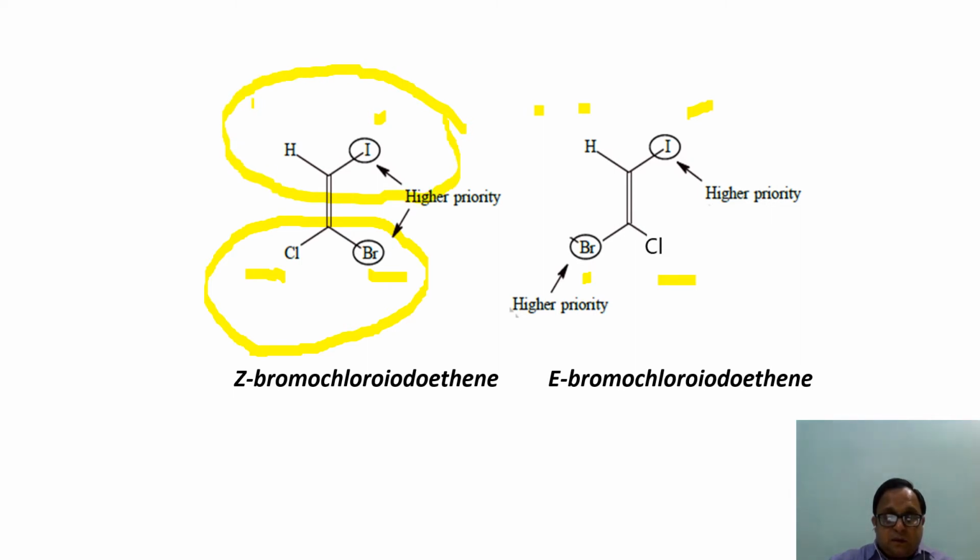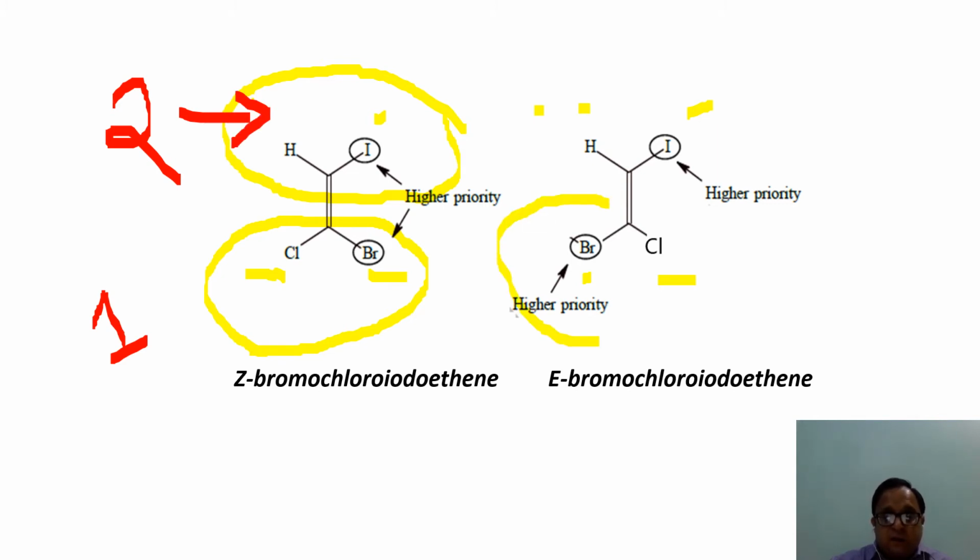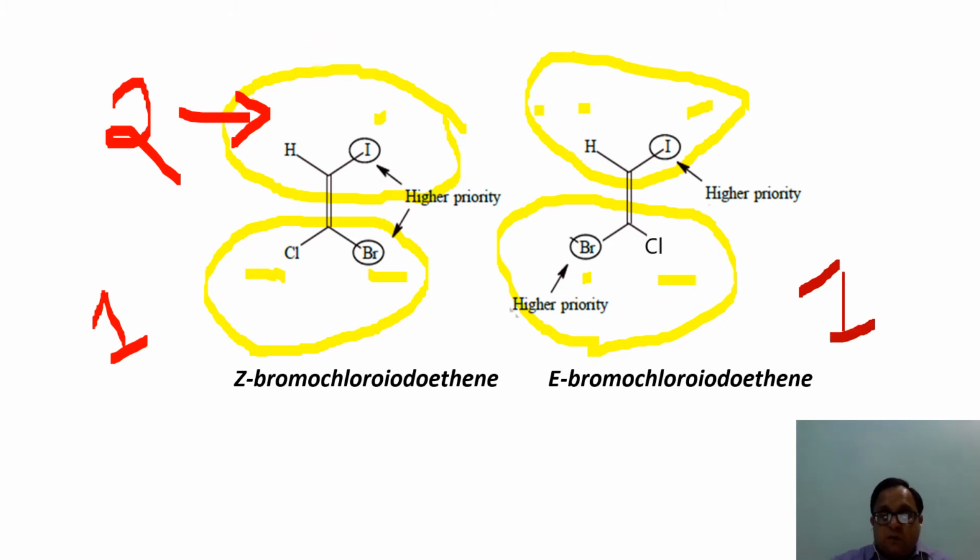Consider this one as carbon number 1 and this one as carbon number 2. Let me do the same thing with this other molecule: carbon number 1, carbon number 2.